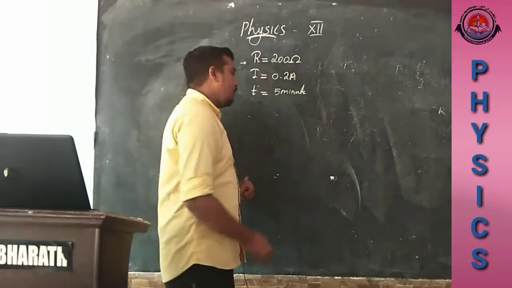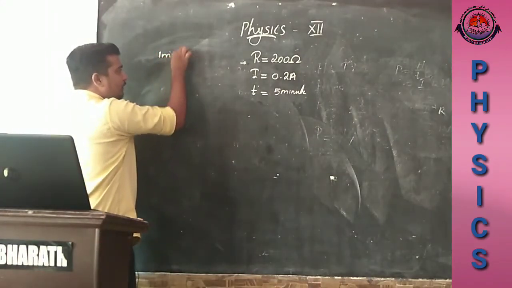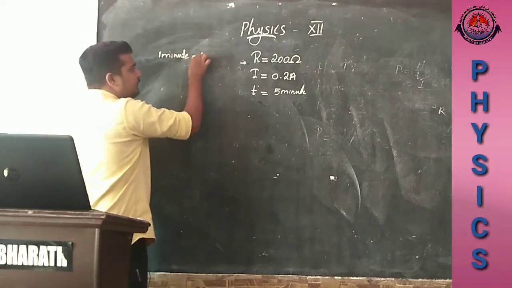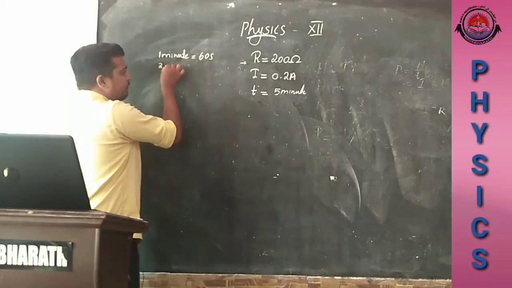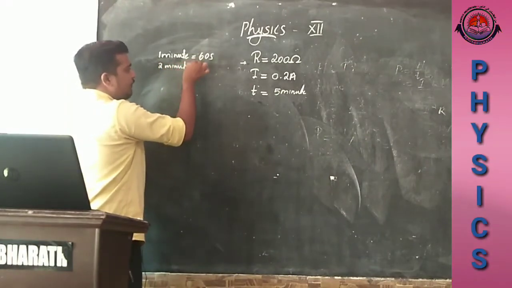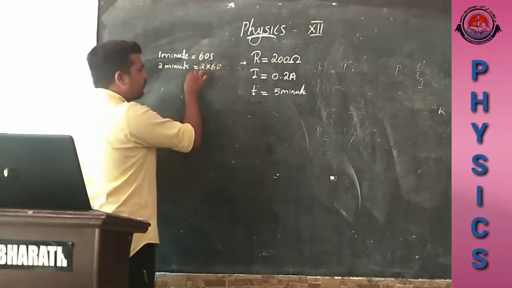We have 1 minute equal to 60 second. What is 2 minute? 2 minute equal to 2 into 60, that is 120.